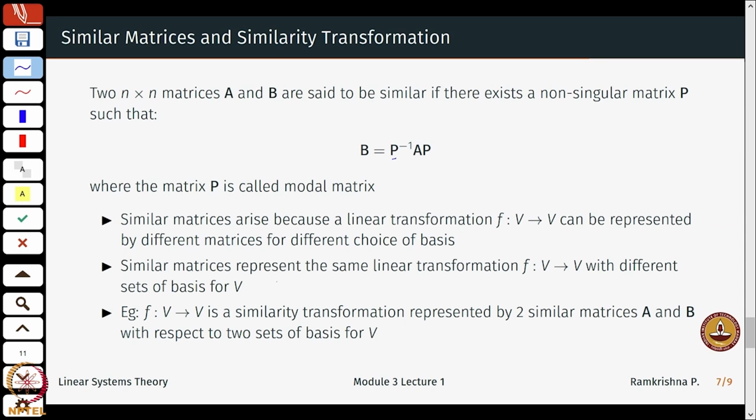These similar matrices represent the same linear transformation. Whenever I say linear transformation, I am talking about some matrix A with a different set of basis B.